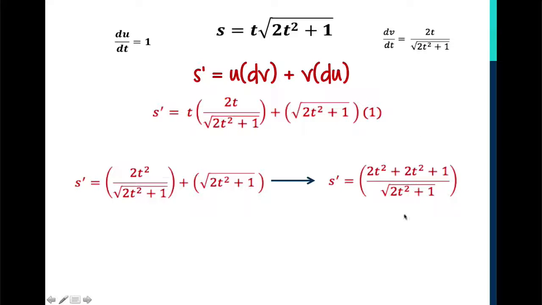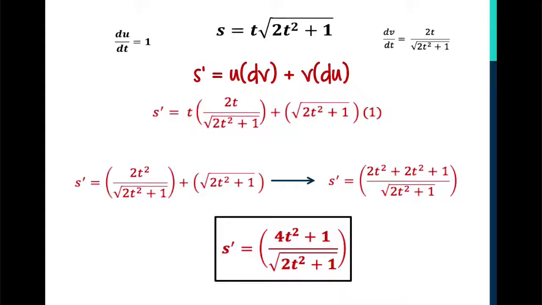So in this part, we can see that we got the LCD and combined two terms. So we get that the first derivative of the displacement is equal to 4t squared plus 1 all over square root of 2t squared plus 1, which is also equal to the velocity.